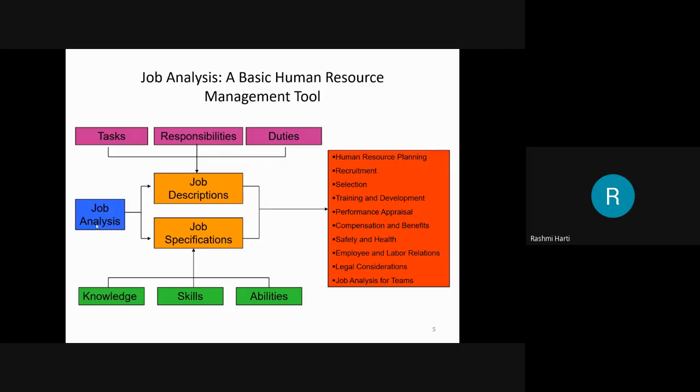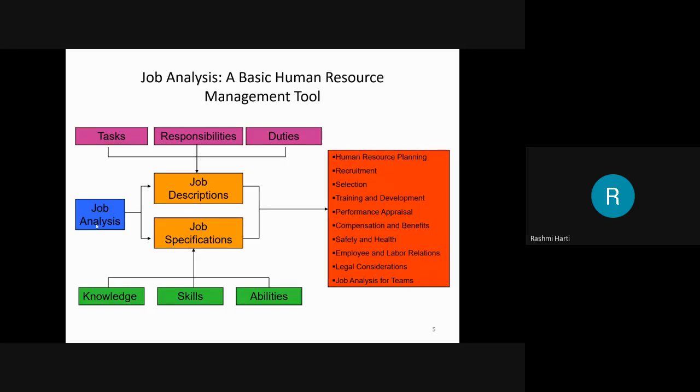Is there any difference between actual performance and the standard performance? Now, how does the standard performance come? Based on the job analysis. Job analysis gives a way for charting out the standard performance of the employee. So managers use job analysis to determine job specific activities and the performance standards.